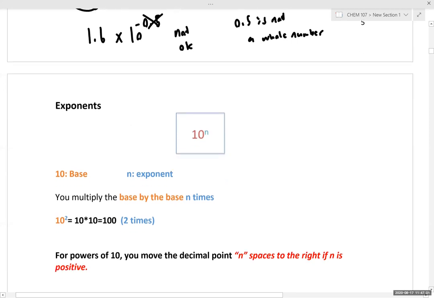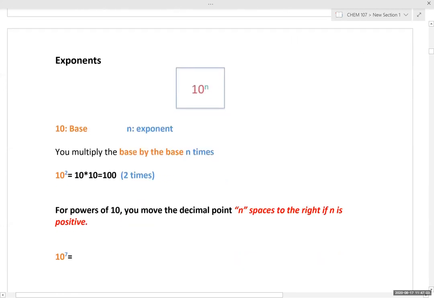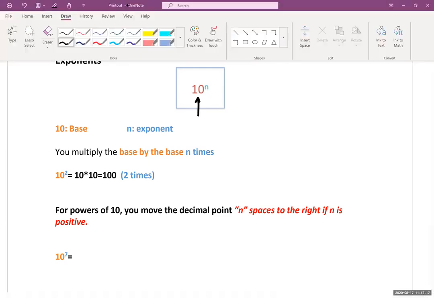Now let's talk about exponents because it's really important to understand how they work in order to perform calculations involving exponents. So you have two components of an exponent expression. You have a base and you have your exponent.